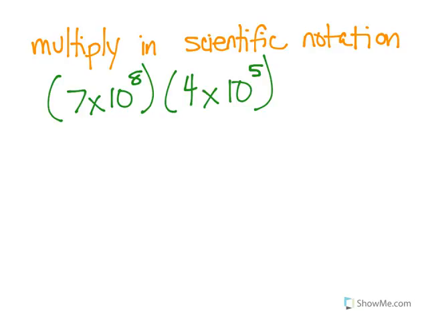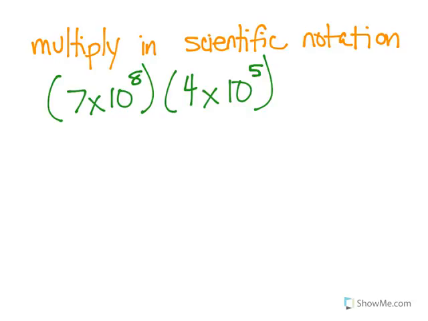And then finally, we can use this same rule to help us multiply when we have numbers written in scientific notation. I can still use the commutative property, remembering that scientific notation is simply two factors. And one of the factors is always a base 10.